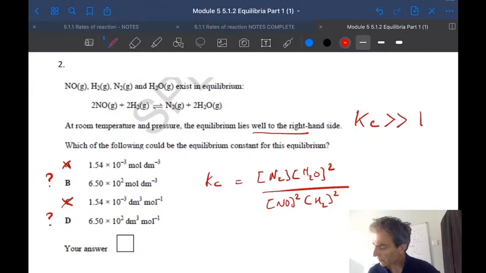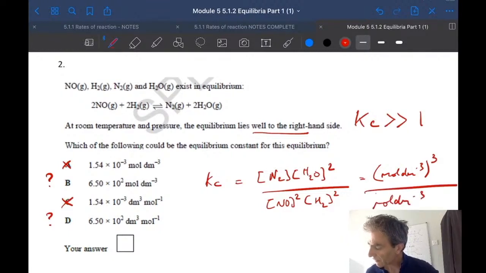So essentially you've got moles per decimeter cubed to the power 3 on the top, because you've got 1 times squared, so cubed, over moles per decimeter cubed to the 4 on the bottom, because it's squared times squared.